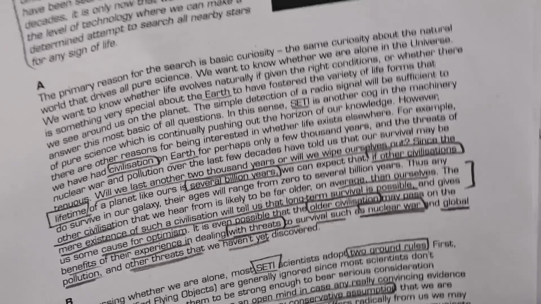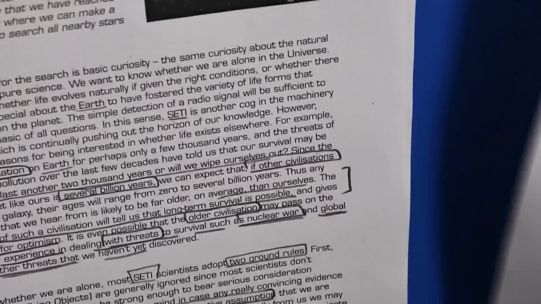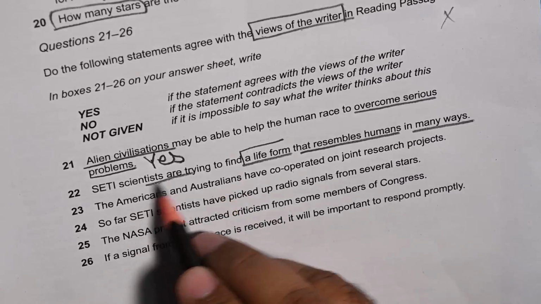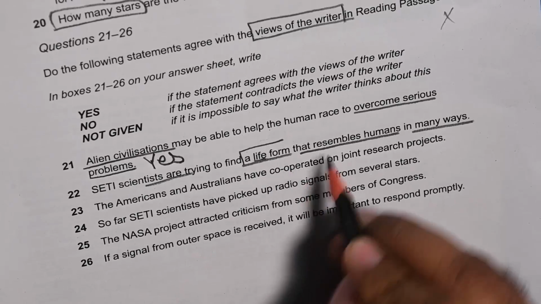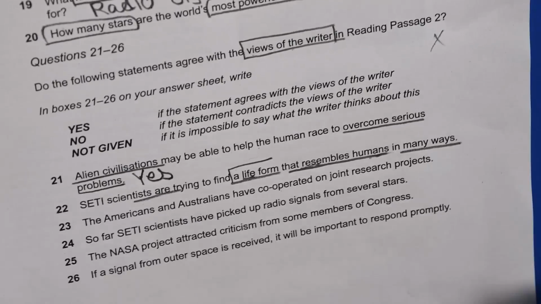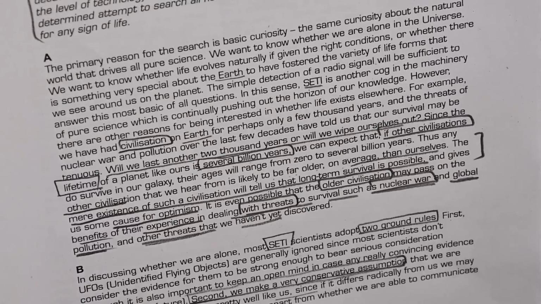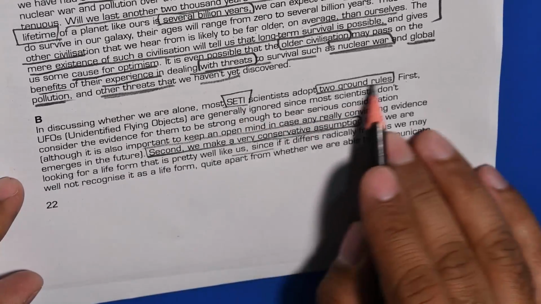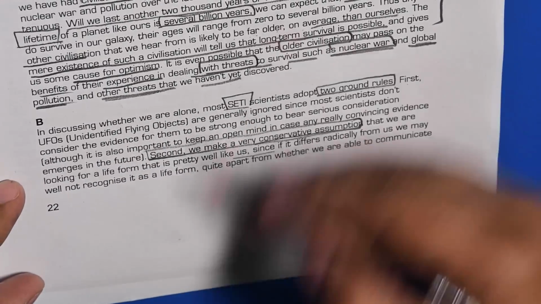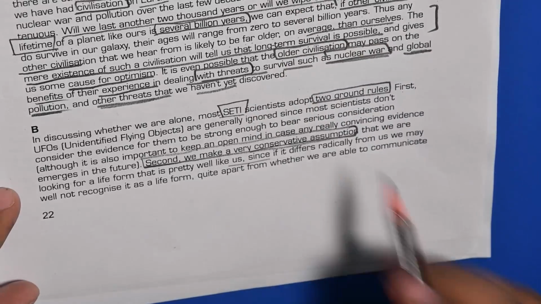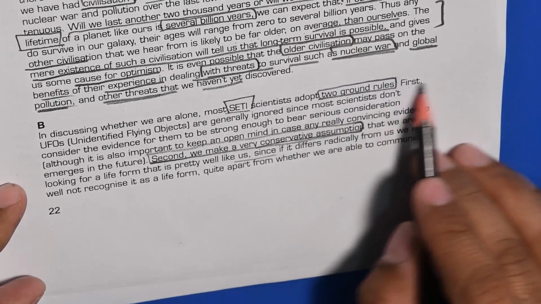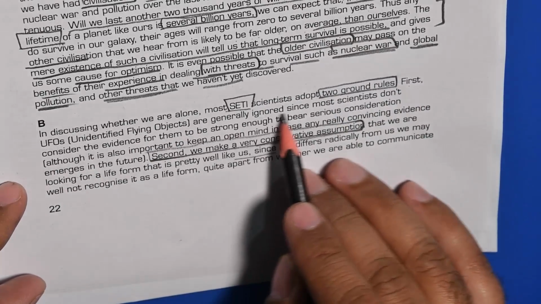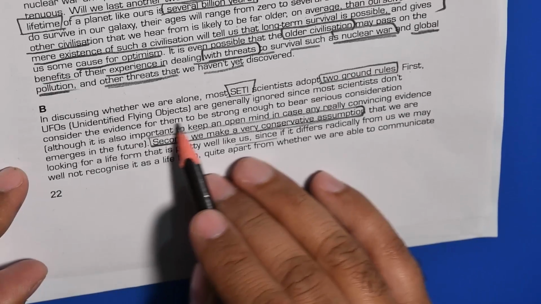Let's go on. I need to keep in mind: trying to find a life form that resembles humans in many ways. In discussing whether SETI scientists should stop, and by the way the answers are here, they are mostly in order. First, UFOs are generally ignored and they don't consider the evidence.